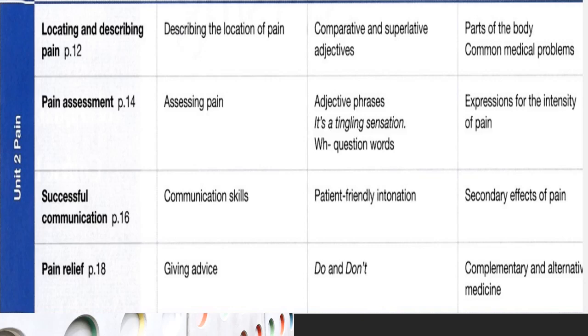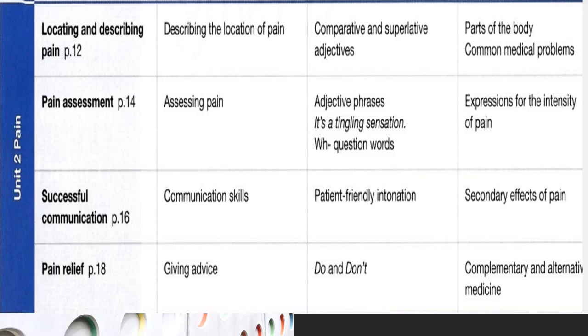So let's check the first column from your left hand. We are going to learn about locating and describing pain. After that, we are going to learn more about pain assessment, and the word assessment means taqyim.